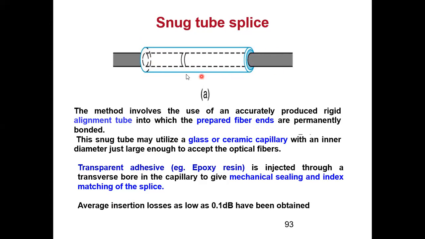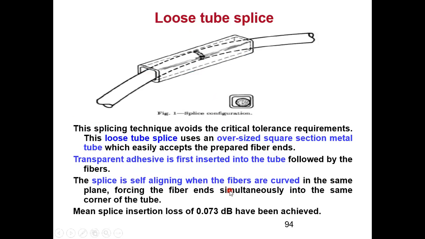When I show you a video, you will see that there is a locking mechanism and all, so that this tube does not slide and the fiber is not again misaligned. So this is how in a simpler way in a book I can do it. And here you can see the average insertion loss is 0.1 dB. So quite an amount of loss is introduced with this mechanical splicing.